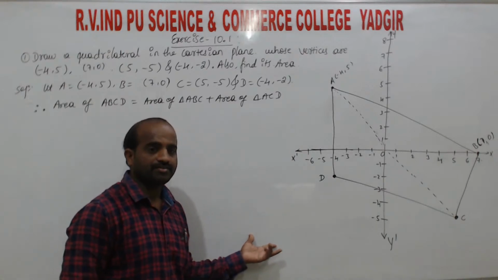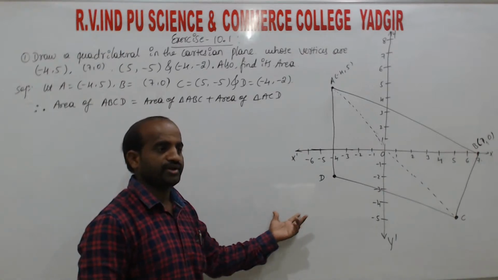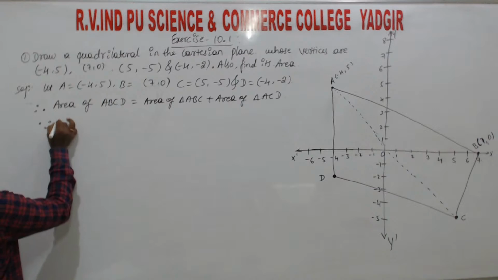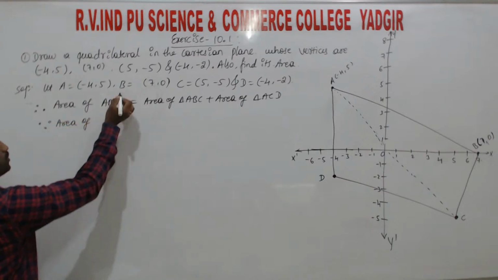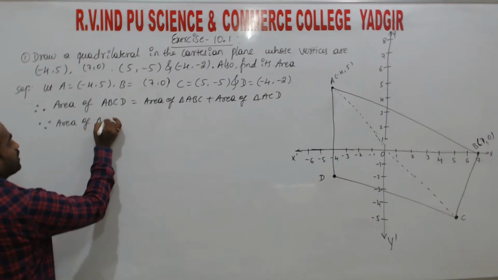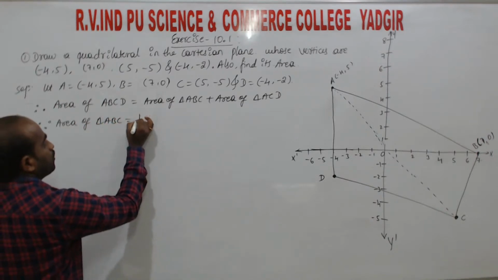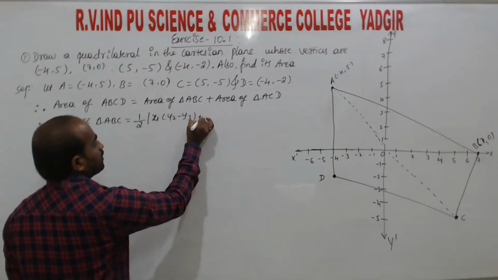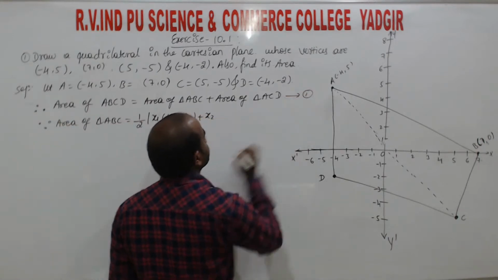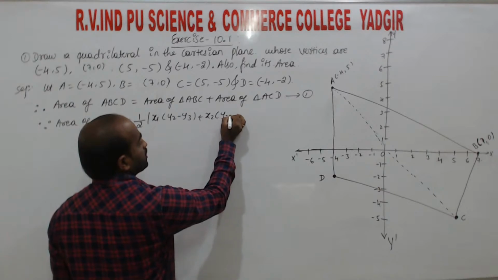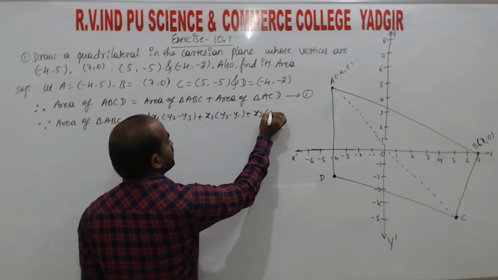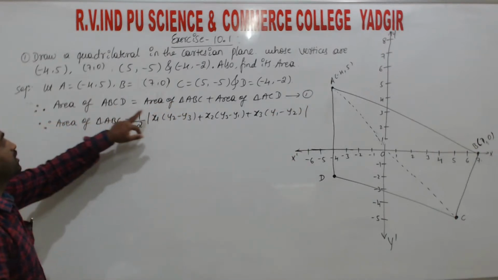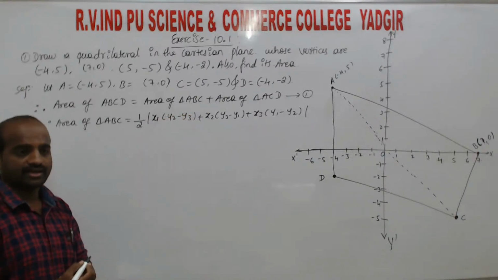Area of a triangle whose vertices are given is equal to 1 by 2 into x1 into (y2 minus y3) plus x2 into (y3 minus y1) plus x3 into (y1 minus y2). Using this formula, find out area of triangle ABC and area of triangle ACD.